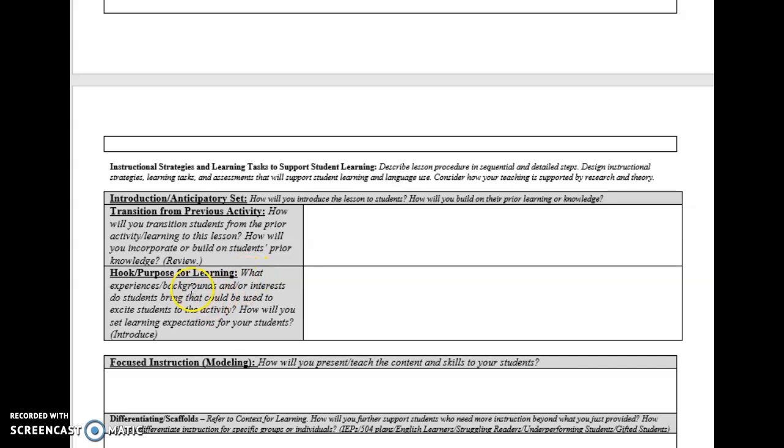The hook is basically your icebreaker. How are you going to make this lesson kind of pop? It could be a video, it could be a thought-provoking question on the board, and that's going to springboard you to talking about your topic that was discussed in the beginning.